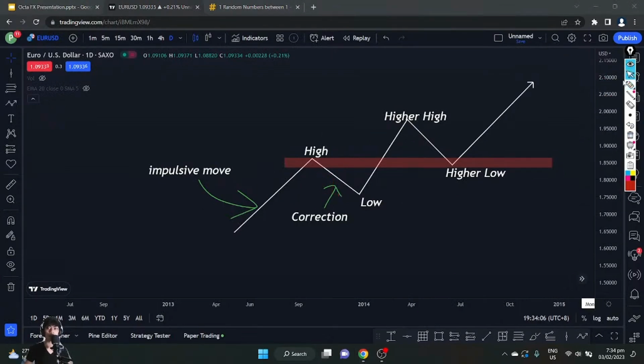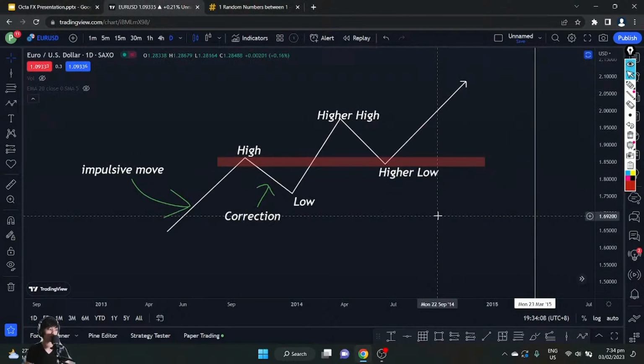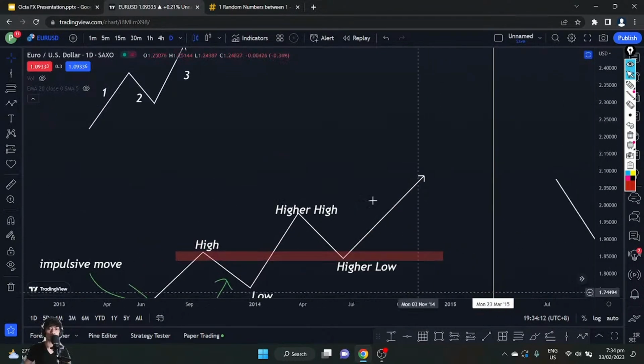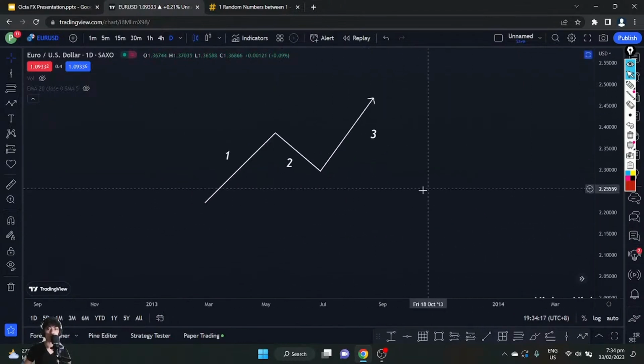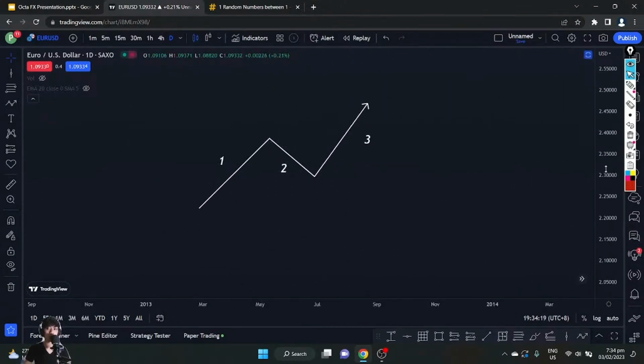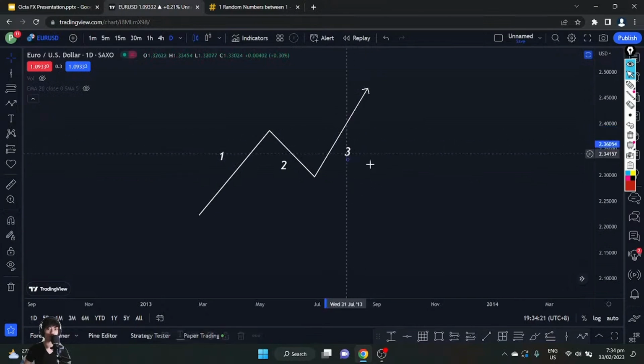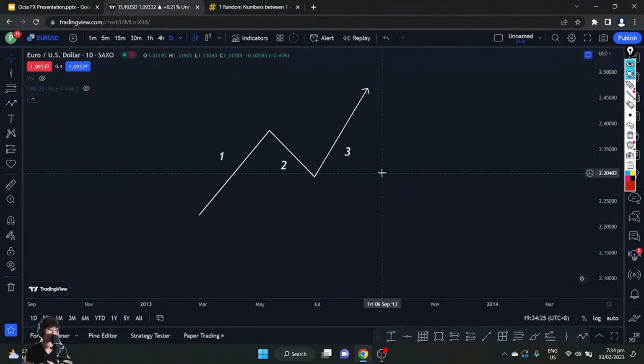And by doing this, we now know where the next important levels on the chart are. So now I will teach you how to trade with this level. So now that we know that we have a 1, 2, 3 pattern, the question is how to trade on, or how to locate the most important levels on the chart.